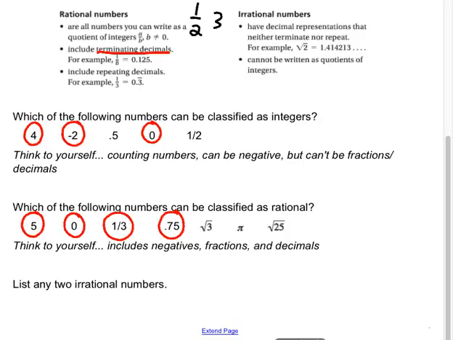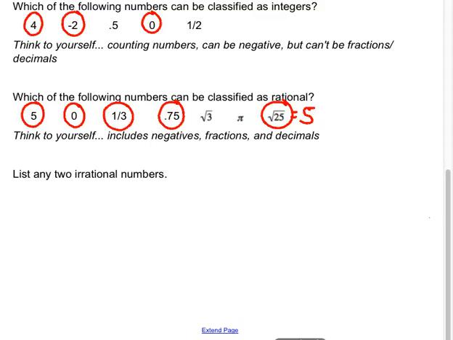You do have to be careful though, because I would argue that the square root of 25 actually is a rational number. And the reason for that is because isn't the square root of 25 just the number 5? So if you write it in its simplest form, now it actually does qualify as a rational number.